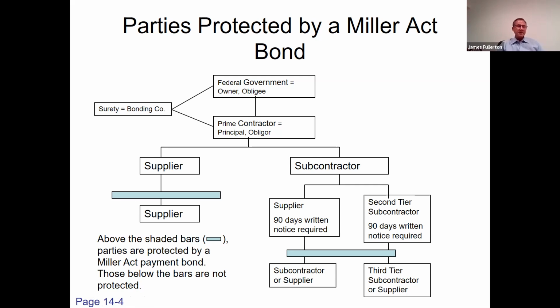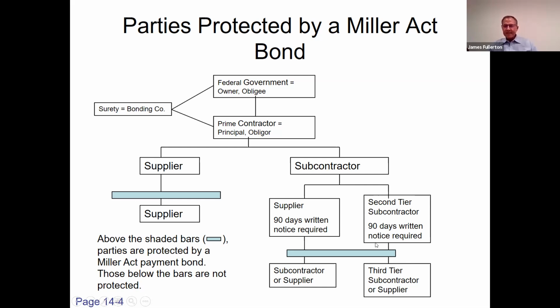And we'll learn in a few minutes that it's not necessary for them to give the GC notice within 90 days of their last supply. The GC knows that they haven't paid these first tier subs and suppliers, and there's no need to give them notice.